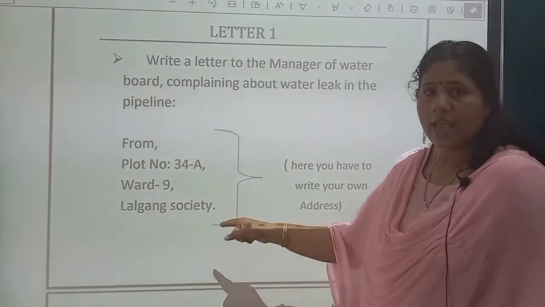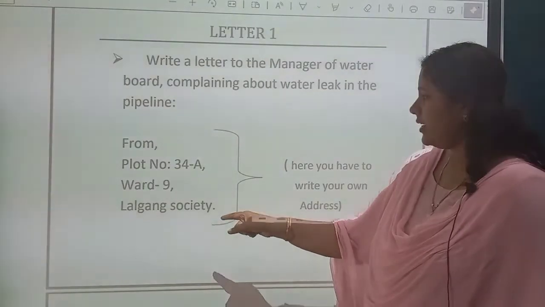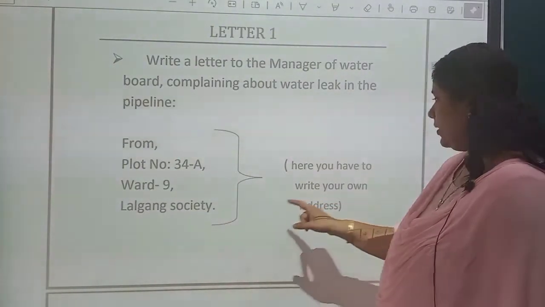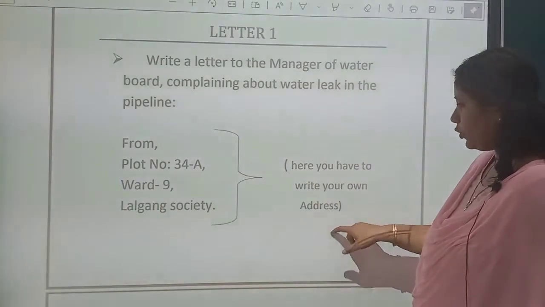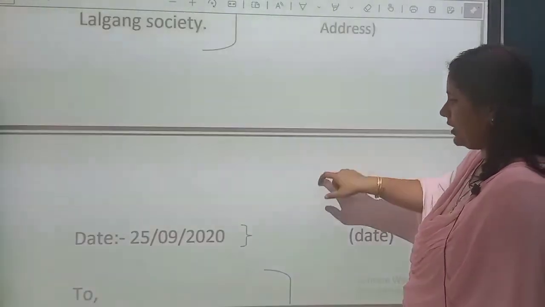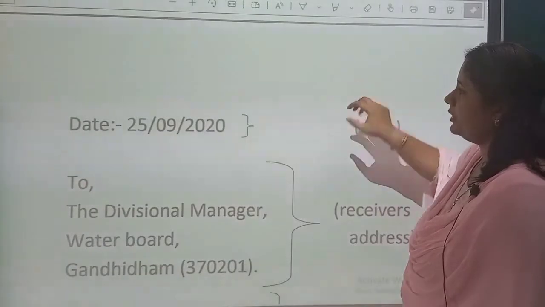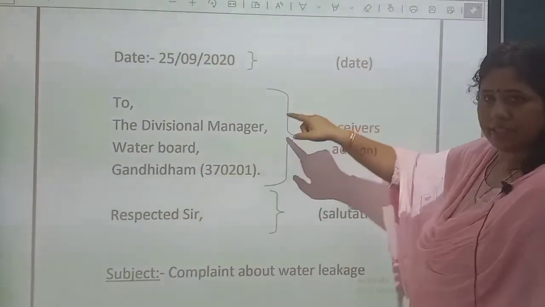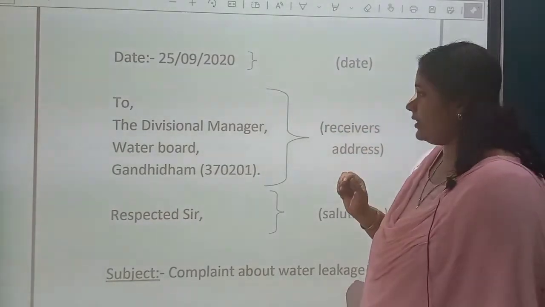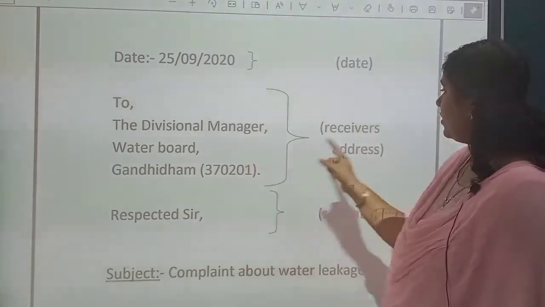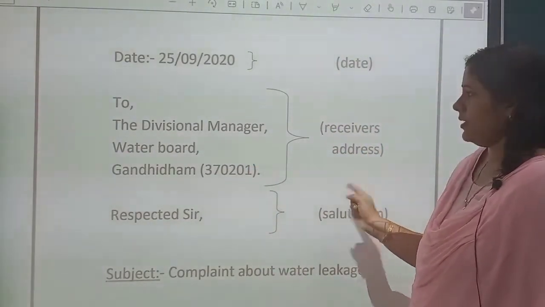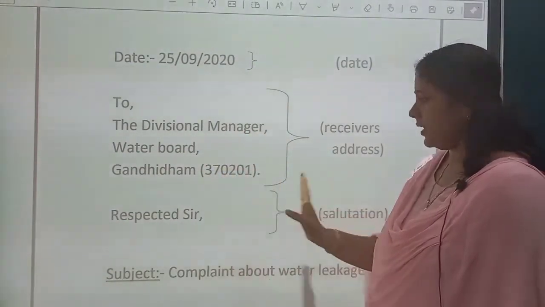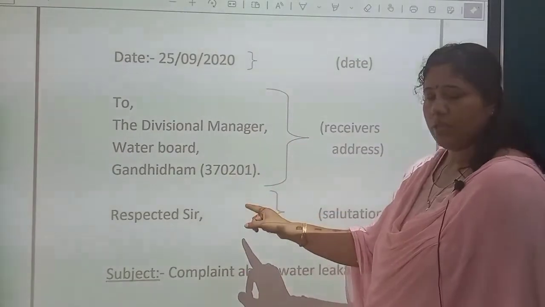So first of all, as I showed you in the format, you have to write your own address. Next, coming to the date, then you will write the date. Then you will write the receiver's address: the Divisional Manager, Water Board, Gandhidham, and the pin code.